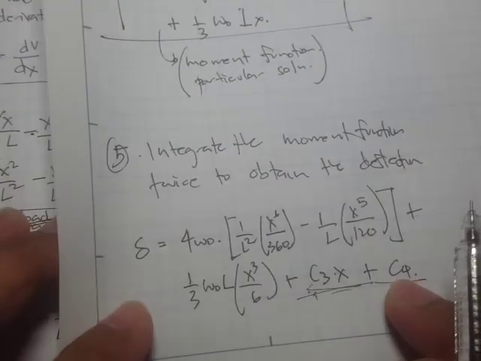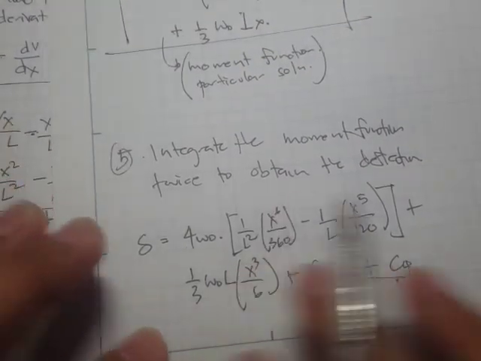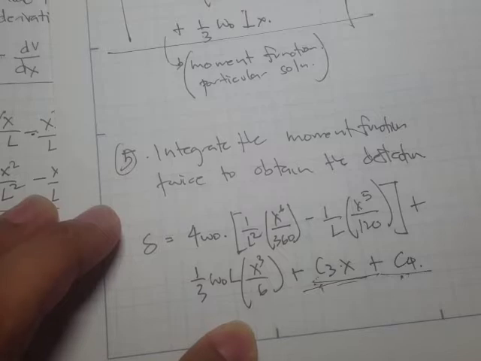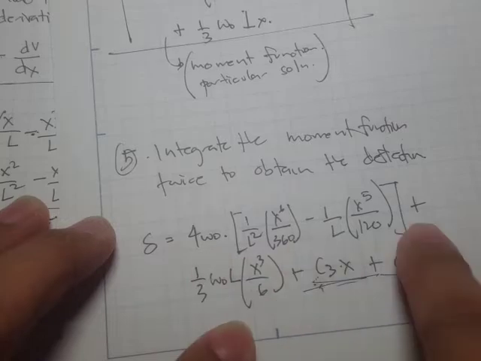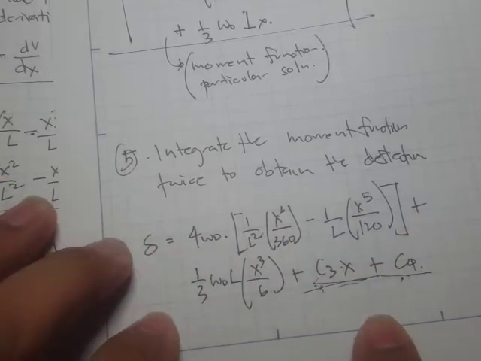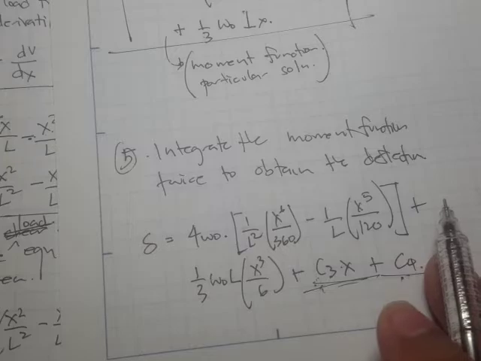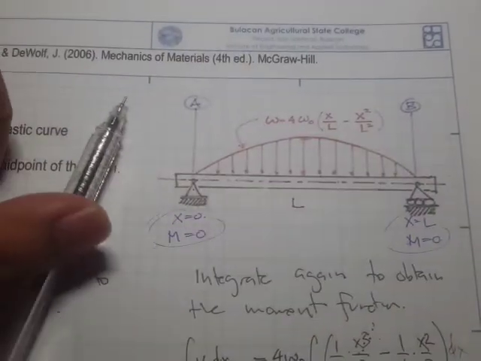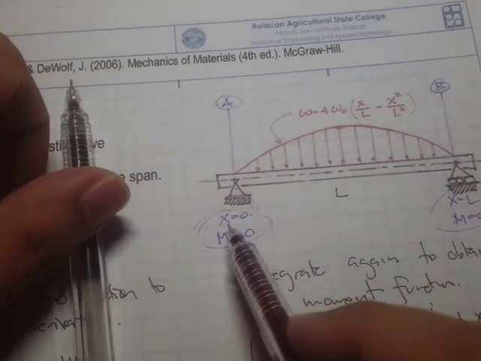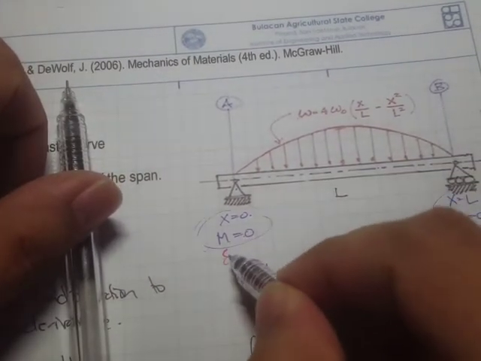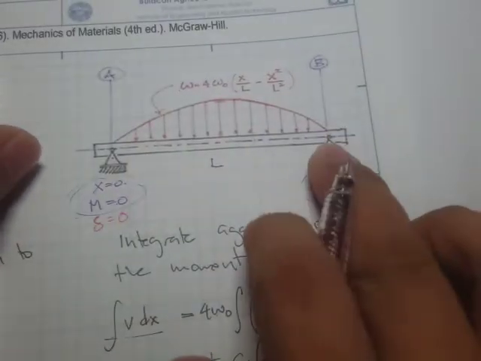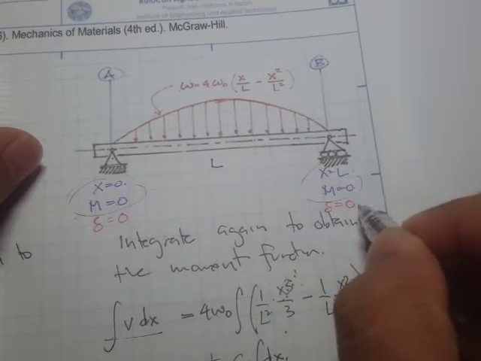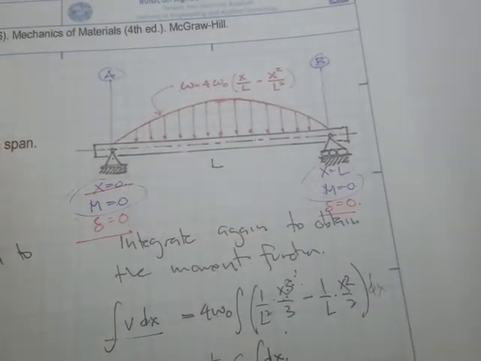And the boundary conditions must be in terms of deflections, because this is a deflection equation or deflection function, so what we need are boundary conditions regarding deflections as well. So going back here, at x is equal to 0, we know that there's no deflection right here, this is just 0, and right here the deflection is also 0. Okay, so let's substitute.